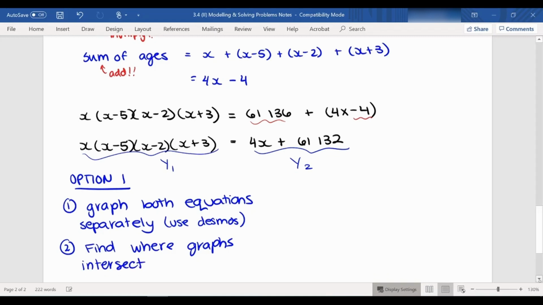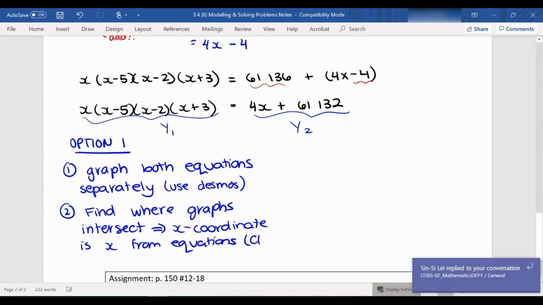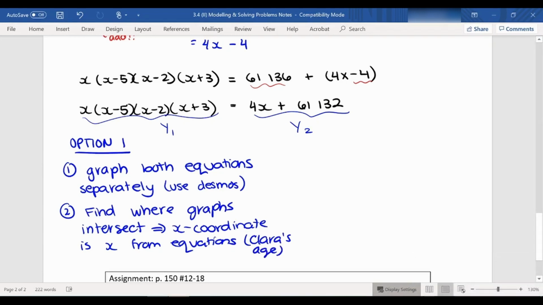And the x coordinate of that intersection point is actually the x from our equation, which was Claire's age. Okay. So that's one option.